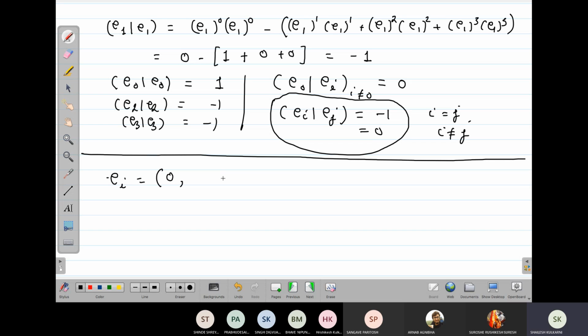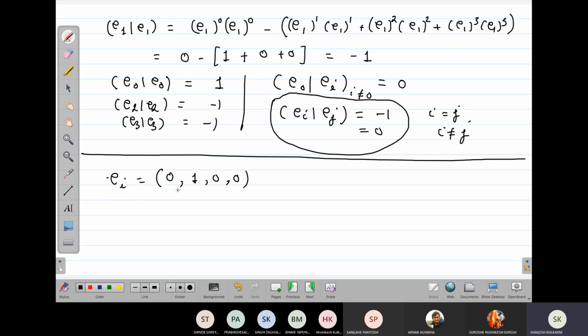So if it is 1, then there will be 1 here, 0, 0. This is the way we define it, and with this definition I am getting this.